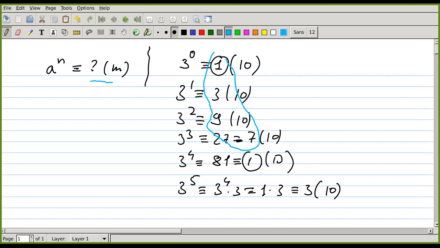Of course, if I have a cycle of length 4, I will have a cycle of length 8, of length 12, and so on. Clearly, for 3 and 10, this cycle of length 4 is the shortest one.